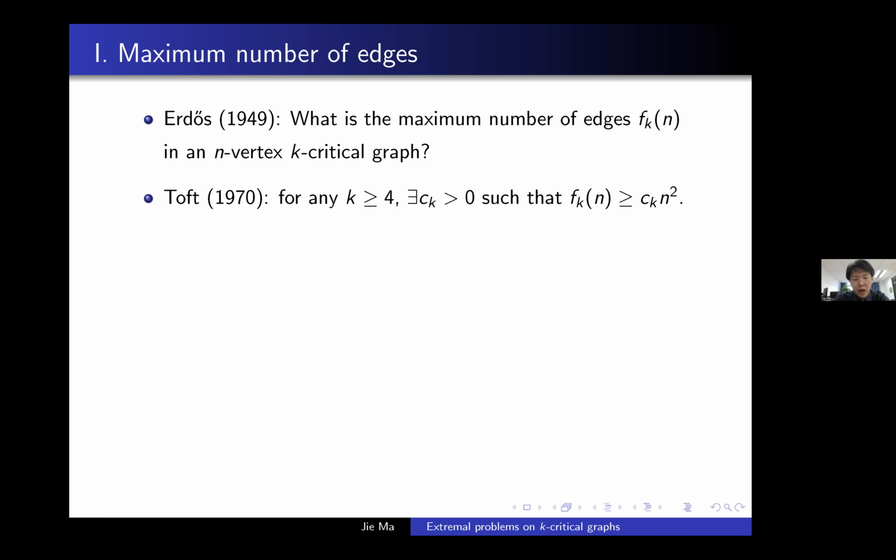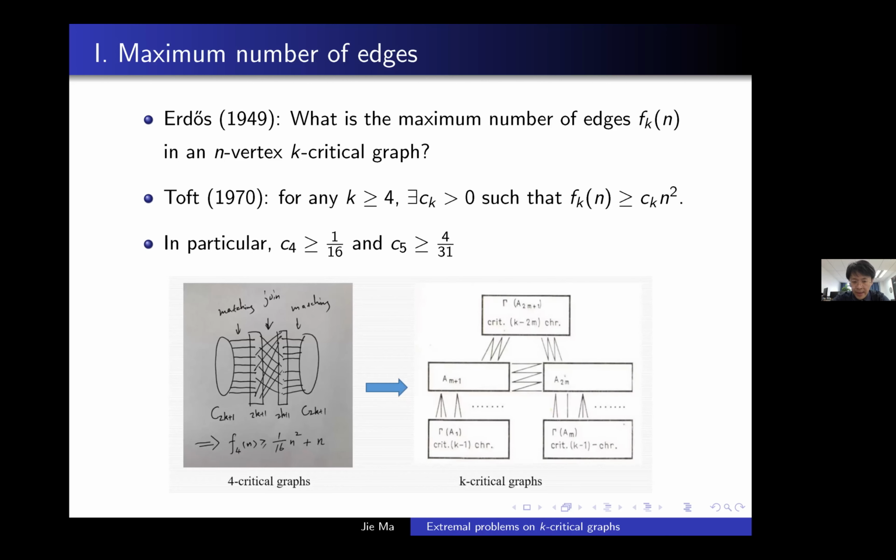The first result comes from the 70s by Toft. Because we know what happens when k is 3, in the remaining talk we're always going to assume k is at least 4. Toft proved that when k is at least 4, this function is of quadratic order, always some constant times n squared.